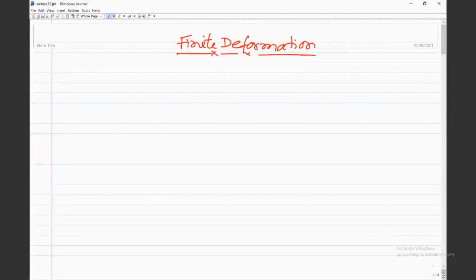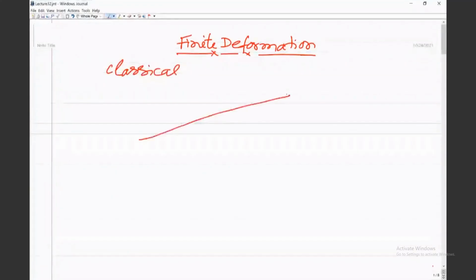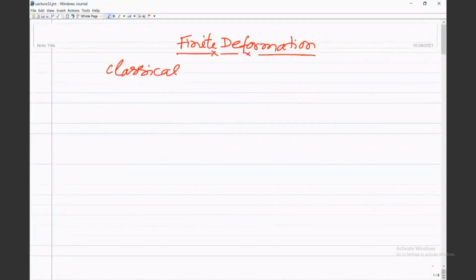What I'm discussing as another example is a plate bending example. That is the classical Kirchhoff plate bending element.